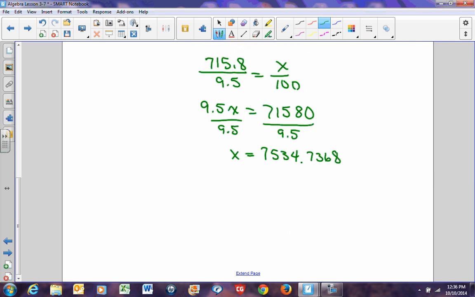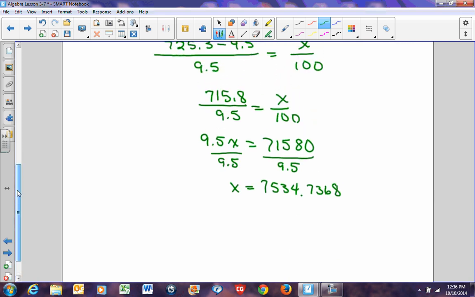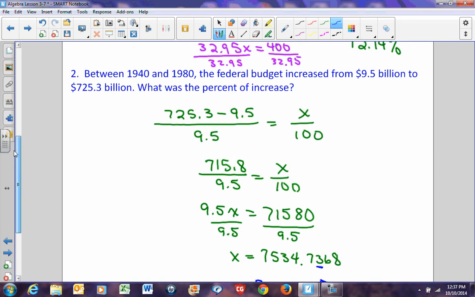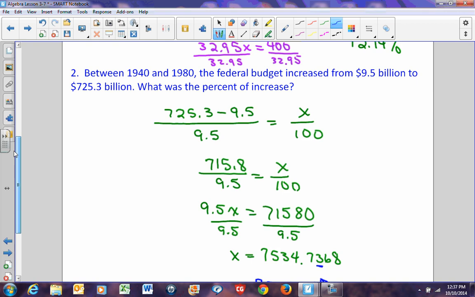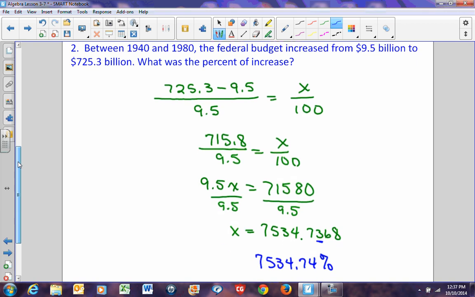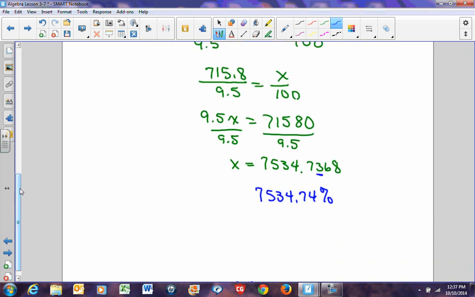If I round that to the nearest hundredth, that would be 7,534.74%. That is a huge increase, 7,000% increase. But then again, that's a huge amount of money. We went from 9.5 billion to 725 billion. That's a huge change. So of course we would expect our percentage to be quite high.